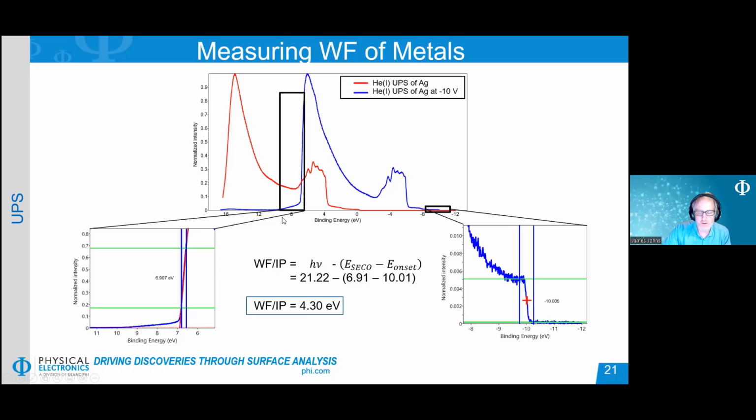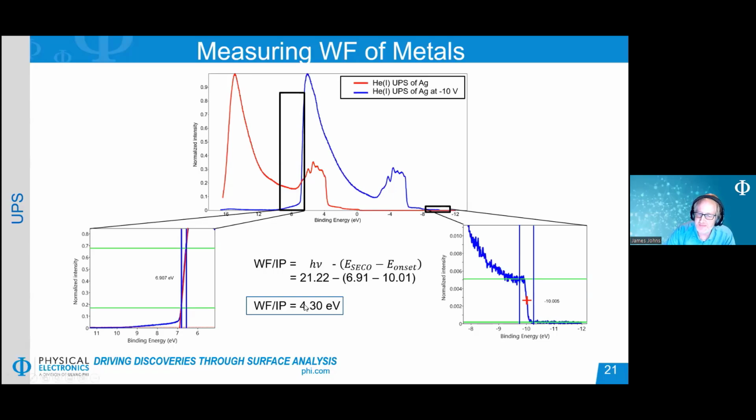We can't determine any difference between electrons that get there because they were directly photoemitted, or electrons that were photoemitted with some kinetic energy and scattered at the surface down to zero kinetic energy. Doesn't matter which process happened, it's giving us the same information. We measure where that crosses the background, we subtract that from the photon energy, and we get our work function or ionization potential.